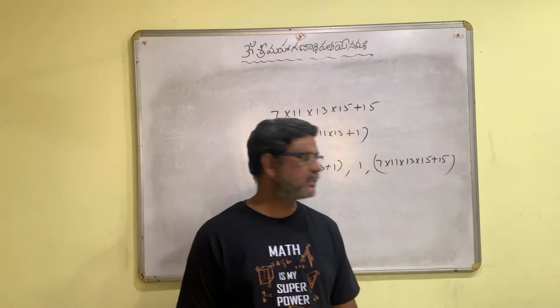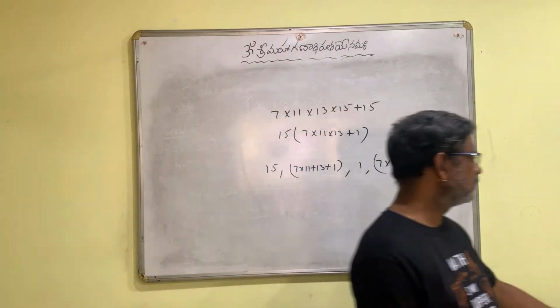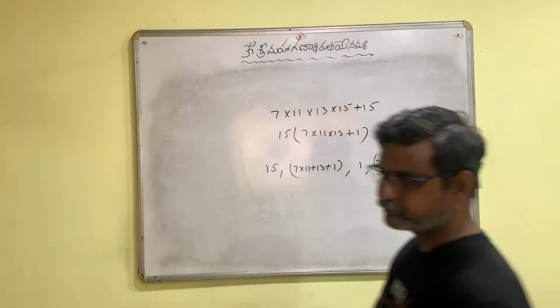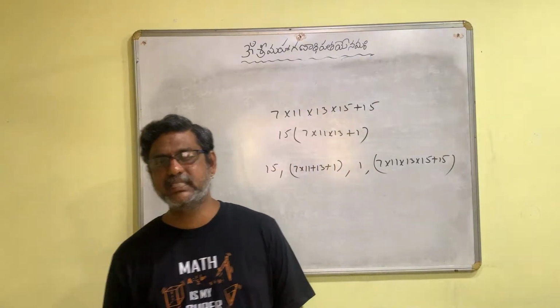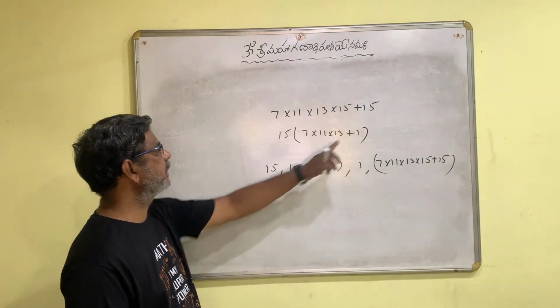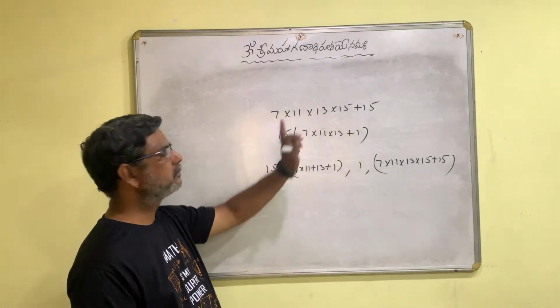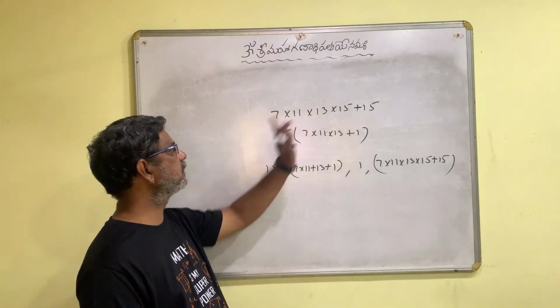The number itself is a factor to it. And next, here you can take 15 common. 15 is a factor to this number.